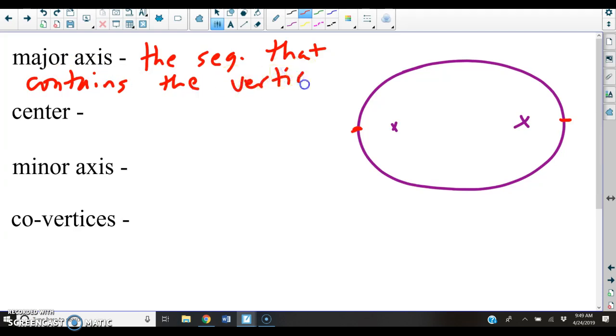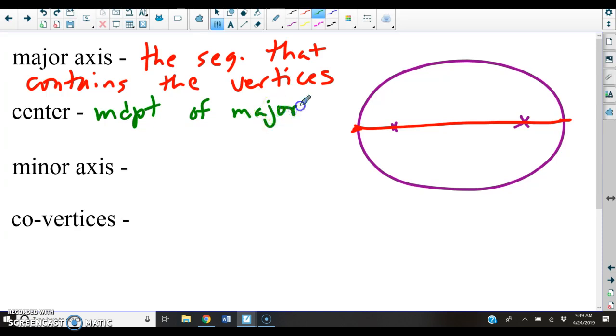So this is my major axis. Center is going to be the midpoint of the major axis. So there would be my center.